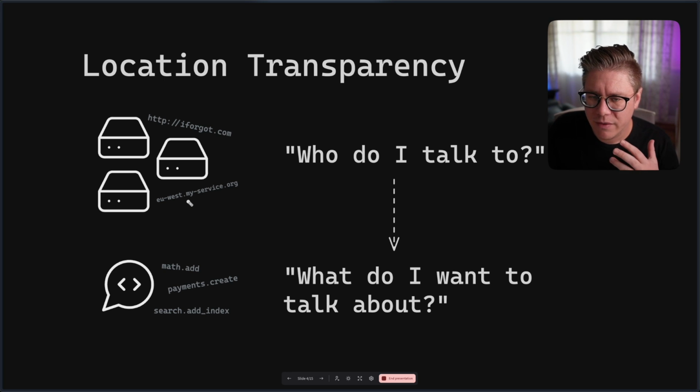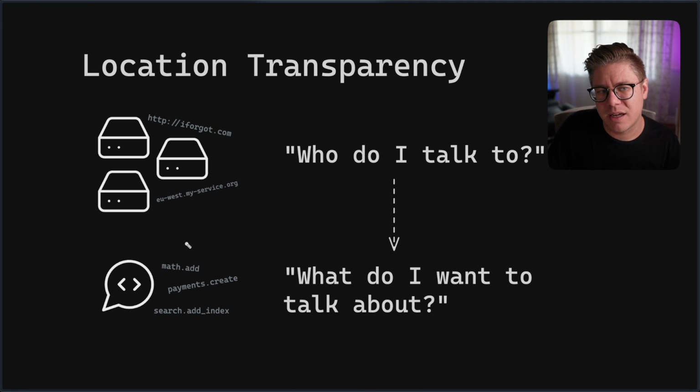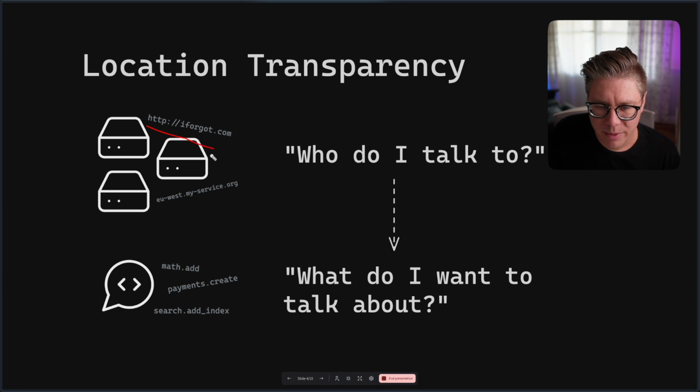And so shifting from who do I talk to to what do I want to talk about really is a fundamental shift that I think makes a lot of these use cases a lot simpler to deal with. You're going to see this as a through line in this video where I talk about location transparency being the core of what drives a lot of this. And so instead of domain names, think things like subjects: math.add, payments.create, search.add_index.